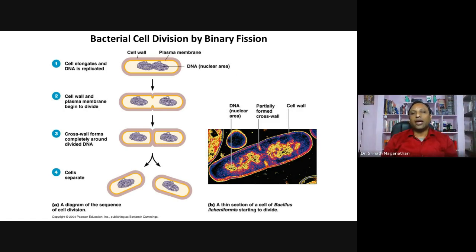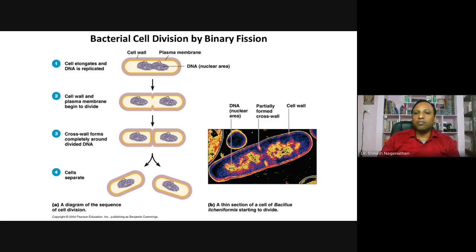After this, the cell wall and the plasma membrane begin to divide in between. Once they make the groove and the complete cell wall is formed between them, they separate, and this process is called bacterial cell division, that is binary fission.